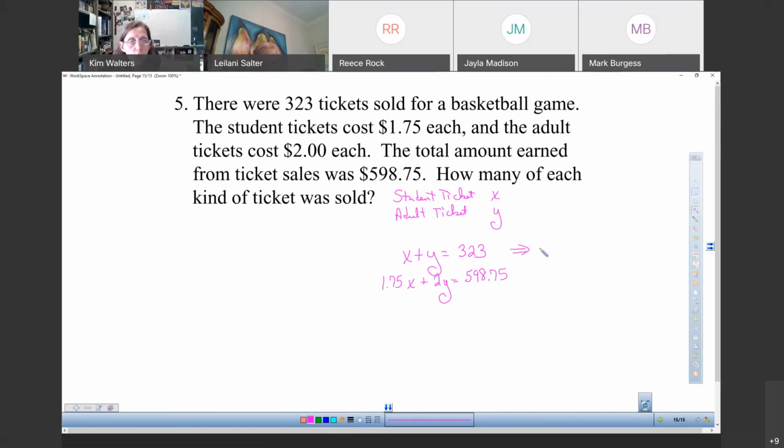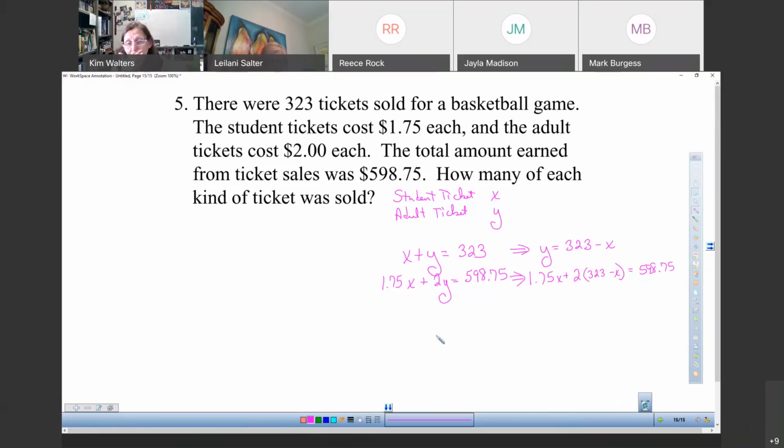Okay. I know before I even ask y'all what you want me to do, and that is solve by substitution, because y'all just love substitution. It's okay. So I'm going to solve this for Y. So Y equals 323 minus X. Second equation, 1.75x plus 2 times y, and y is 323 minus x, is equal to 598.75.